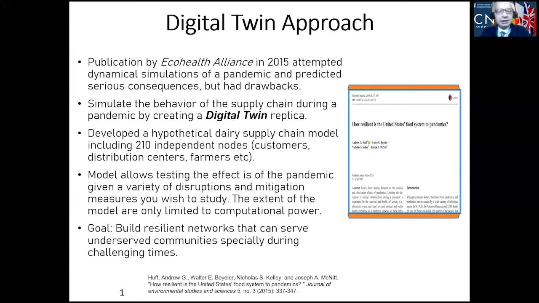We decided to take a slightly different angle, which is to design a model for a very specific food industry that could be affected by the pandemic, a very specific case, and to model it as something known as a digital twin. A digital twin is a virtual representation that serves as a real-time digital counterpart of a physical object or process.